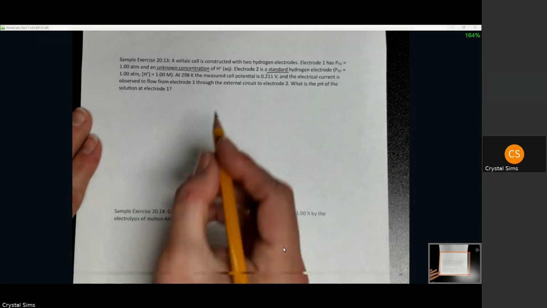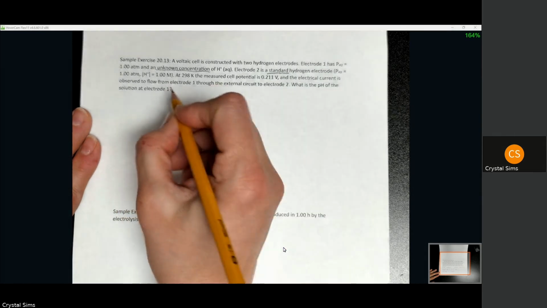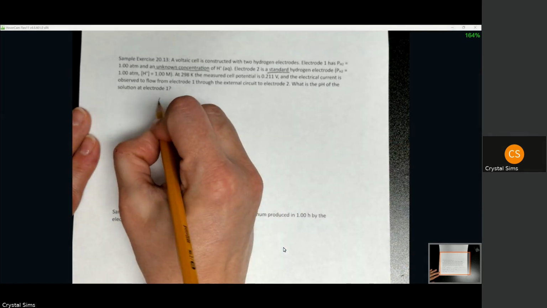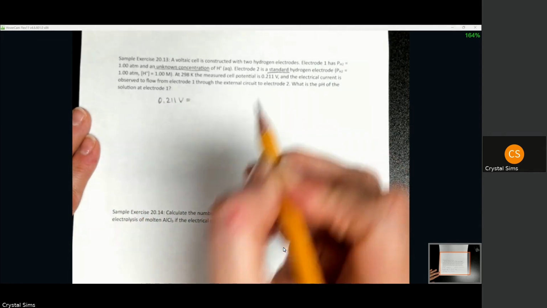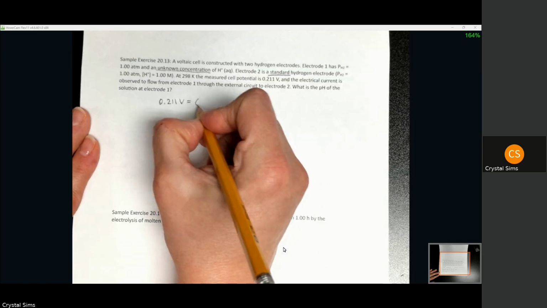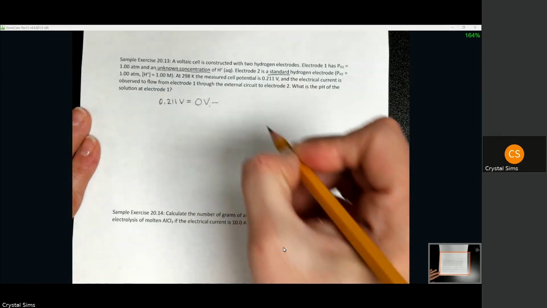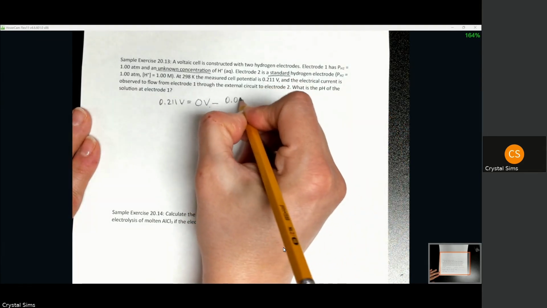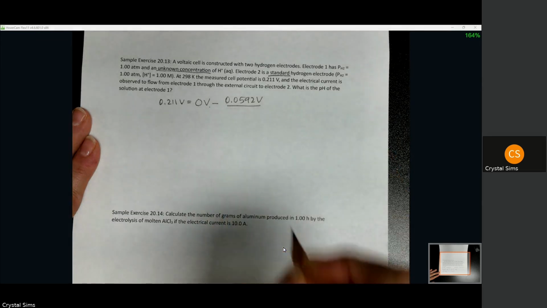We're going to use our Nernst equation again. We're going to plug in the measured cell potential, so our EMF value, 0.211 volts, and that's equal to our standard potential. Well, since this is a concentration cell, this is hydrogen, that value is 0. So 0 minus 0.0592 volts over 2.